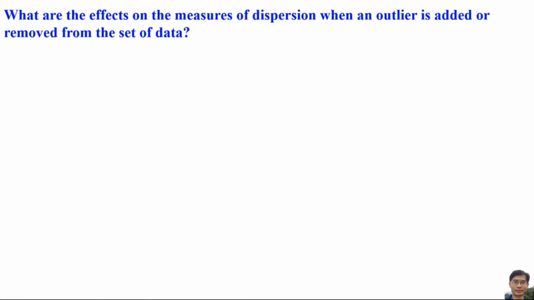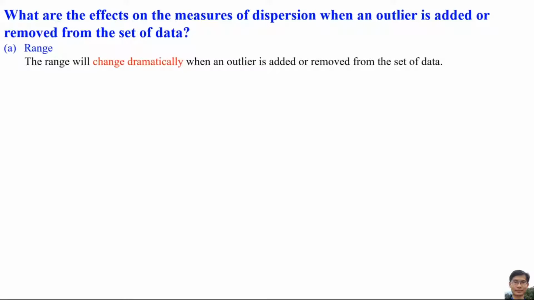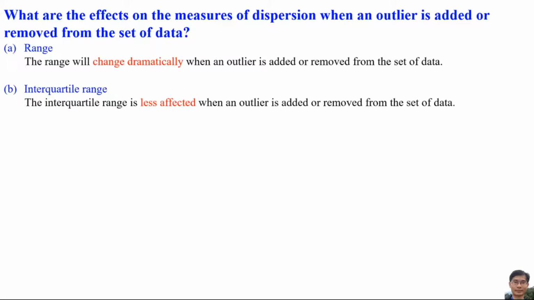What are the effects on the measure of dispersion when an outlier is added or removed from the set of data? A. Range. The range will change dramatically when an outlier is added or removed from the set of data. B. Interquartile range. The interquartile range is less affected when an outlier is added or removed from the set of data. C. Variance and standard deviation.